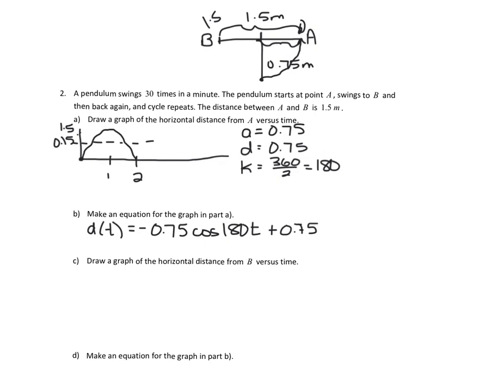So when you think about it, if we're going from B, when I start at A, I am at the farthest possible place I can be away from B, because remember, the pendulum starts at A. So now instead of the graph starting at the minimum, the graph is actually going to start at the maximum, and then it's going to go down towards A, and then back to B. It still takes 2 seconds for this to happen, and our curve still bends around 0.75, and still has a max of 1.5 and a min of 0.